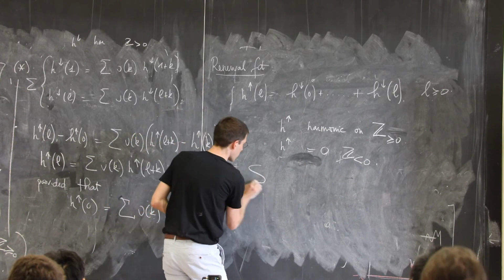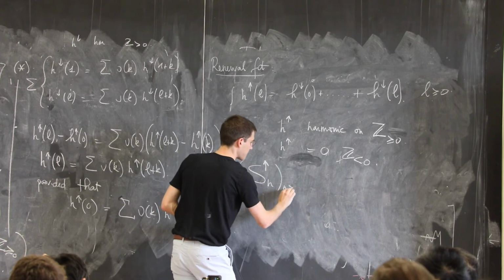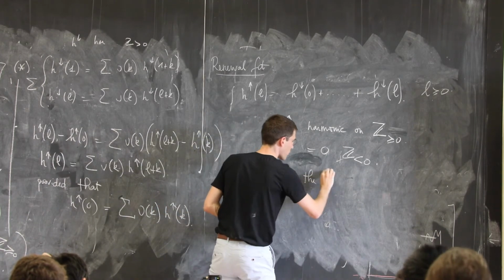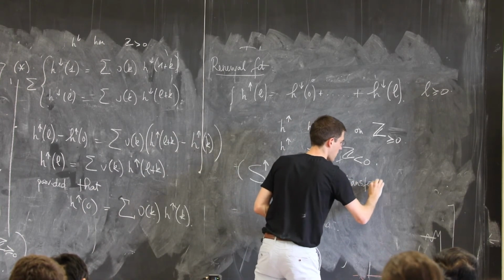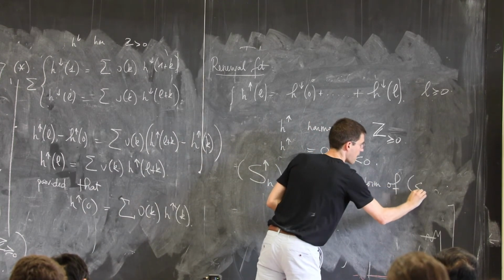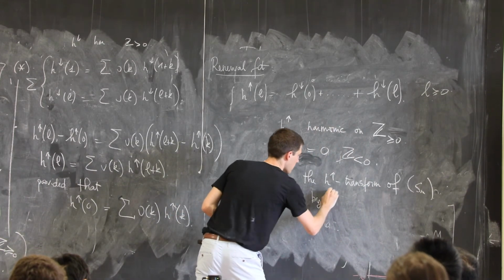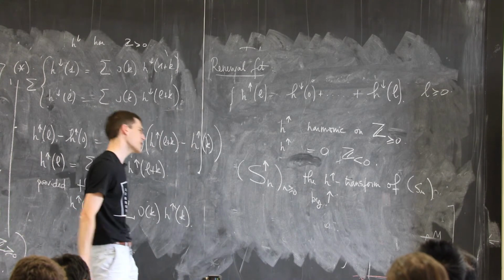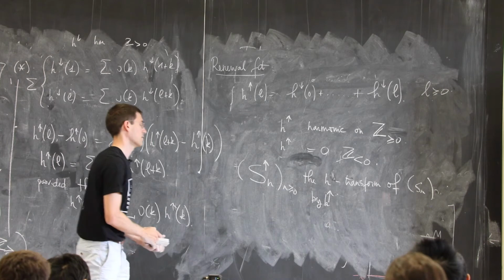So we will denote by S up arrow n the process, the H up arrow transform of this walk S n by this function H. Okay?